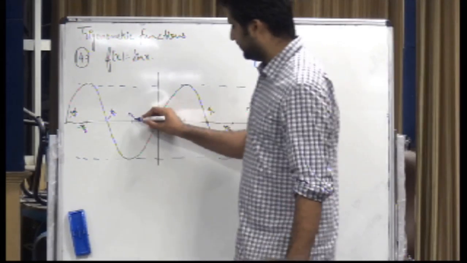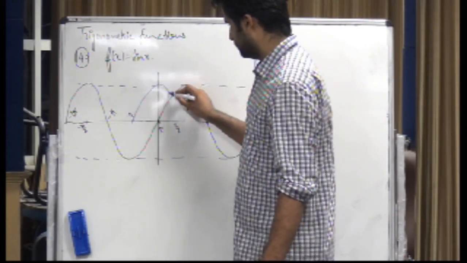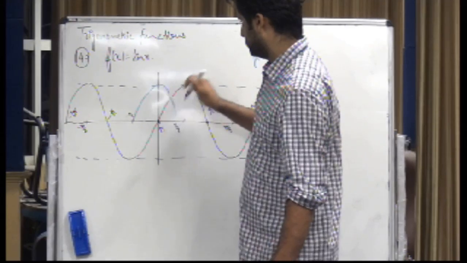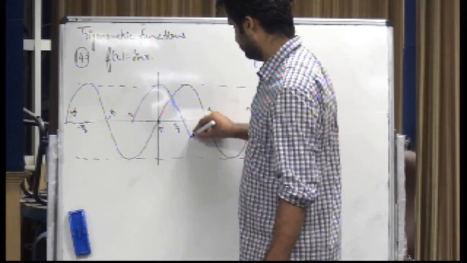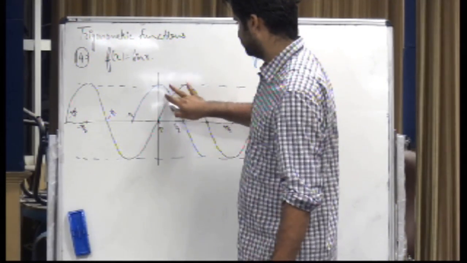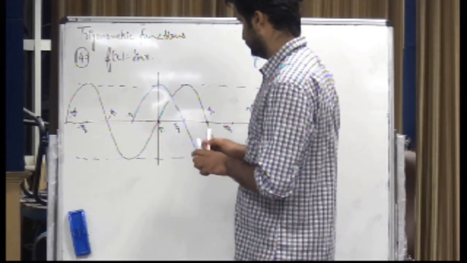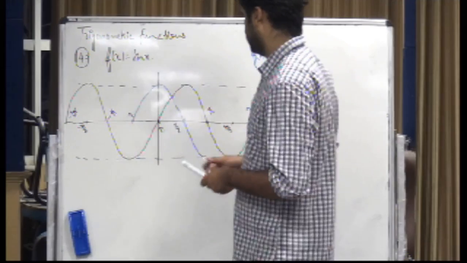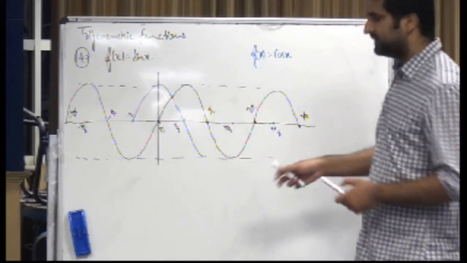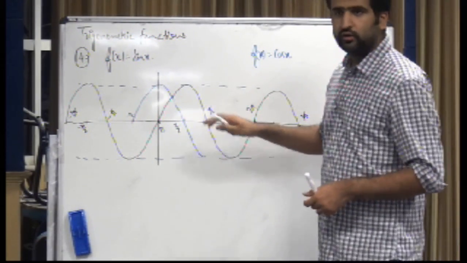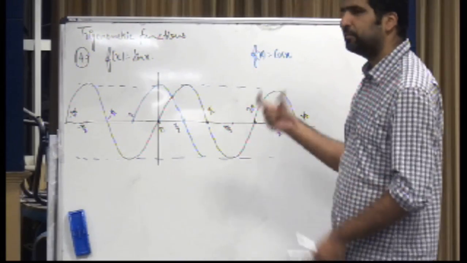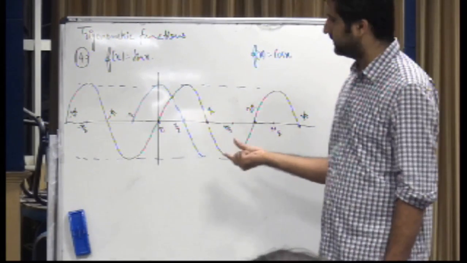So the graph is like this. There will always be a lag of pi by 2 between the graph of sin x and cos x.